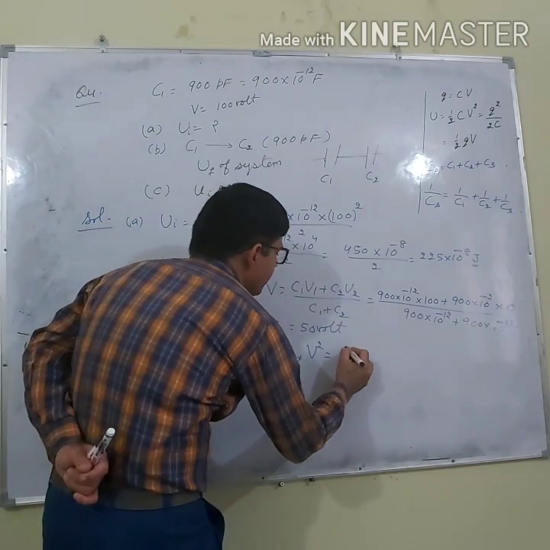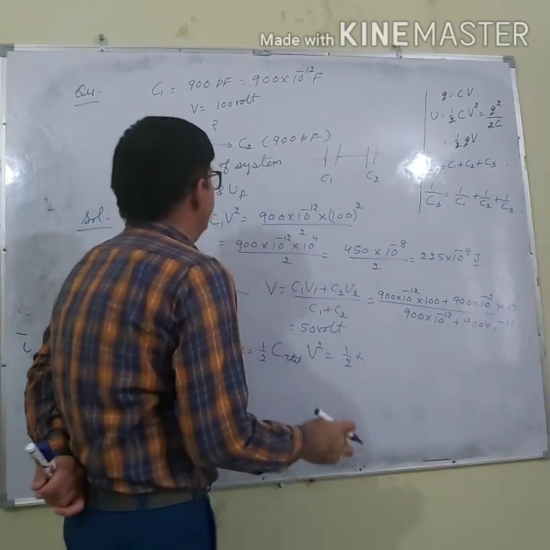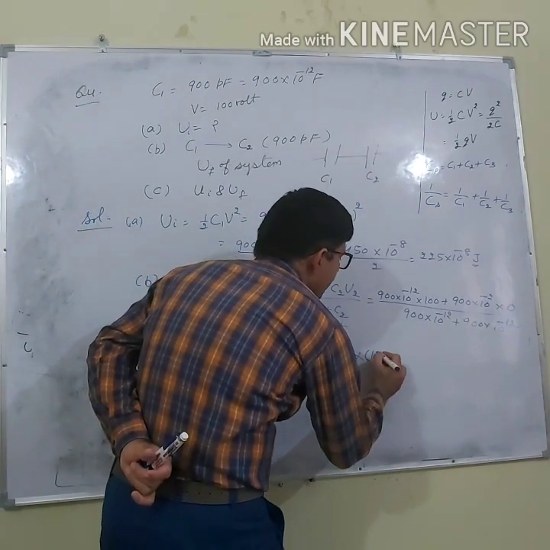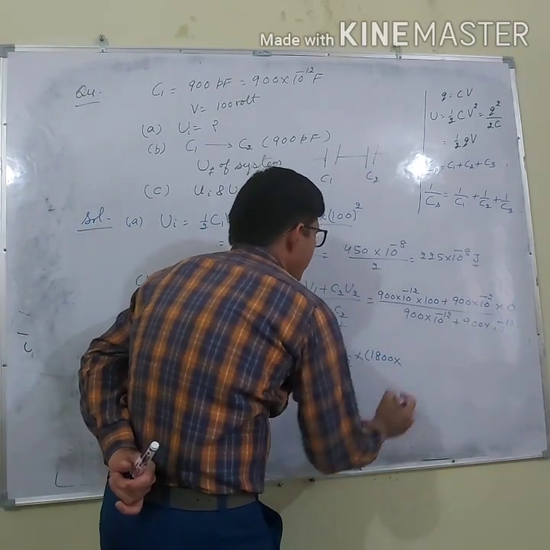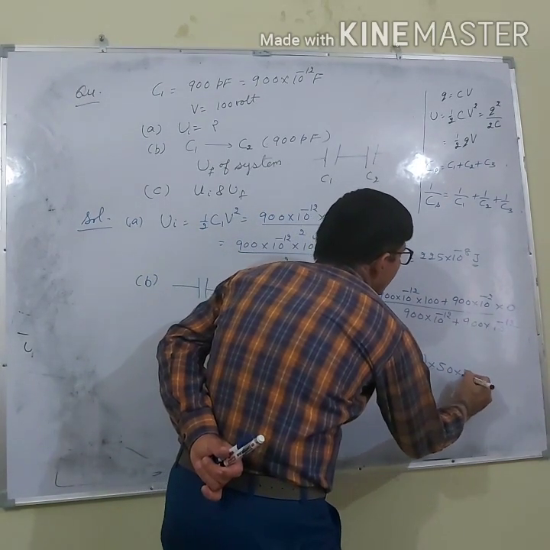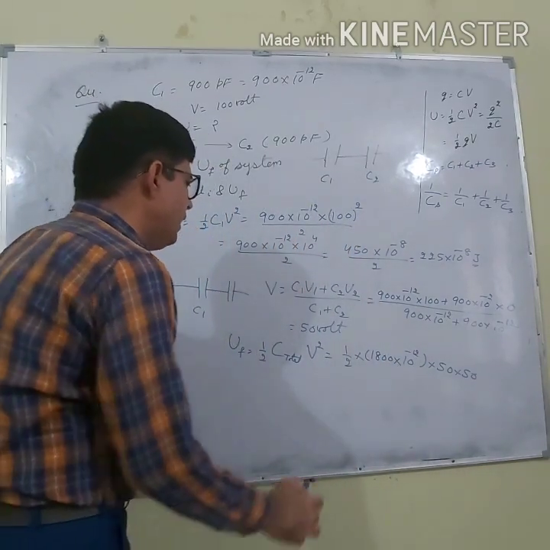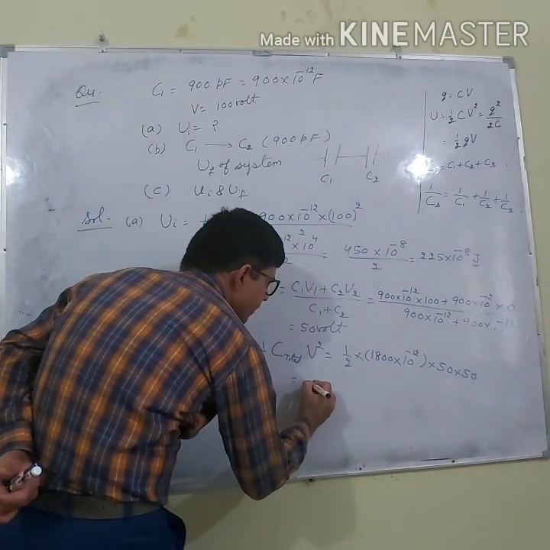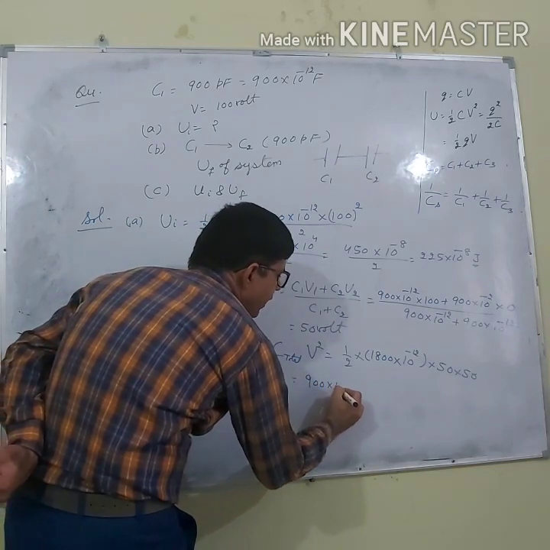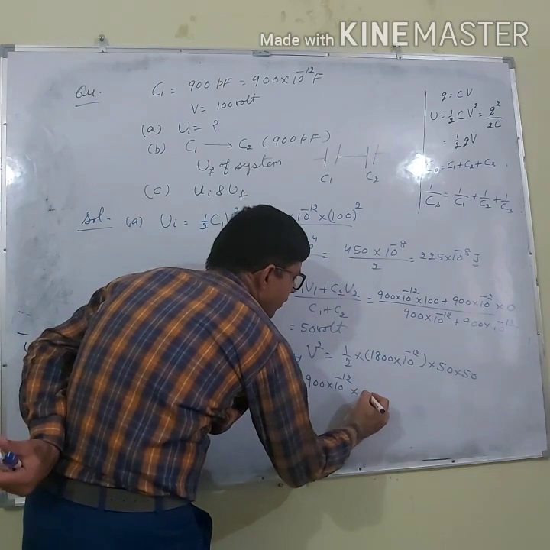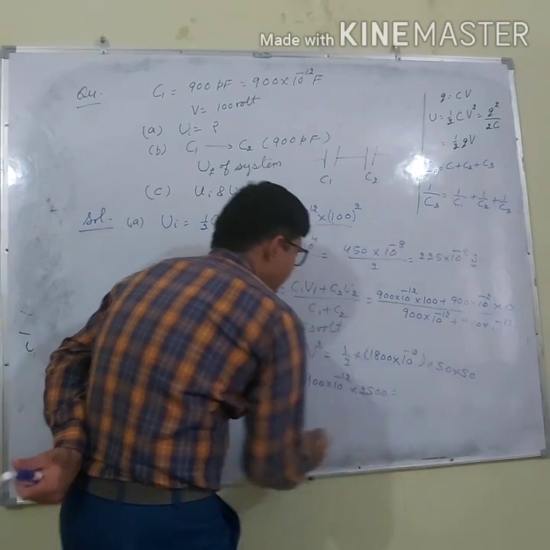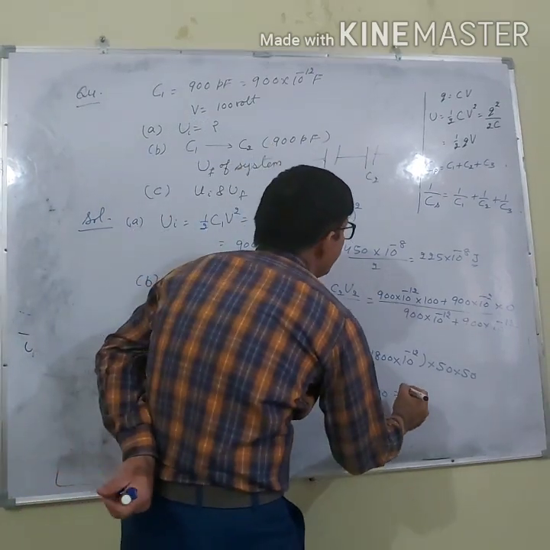Total capacity is 900 plus 900, 1800 picofarad, multiplied by V square, that is 50 multiplied by 50. If I solve this, it will be 900 into 10 to the power minus 12 and 50 into 50, 2500. So 25 nines are 225.